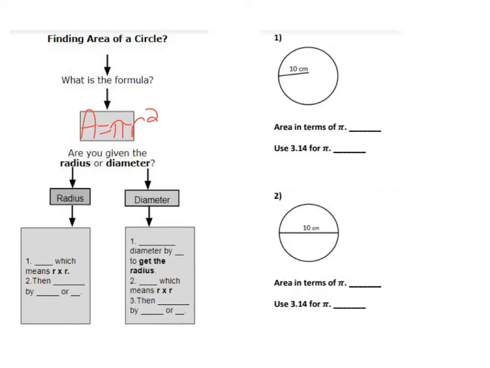So you're substituting r into r squared, which means just radius times radius. Then you multiply by 3.14 or 3. And you have your area.